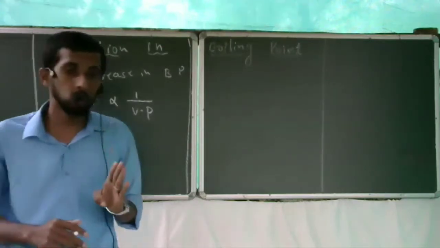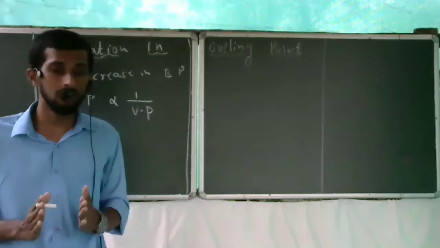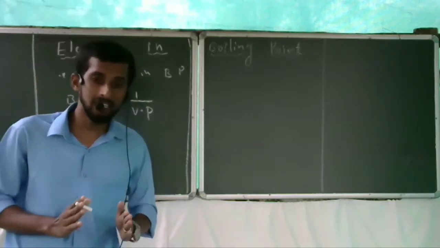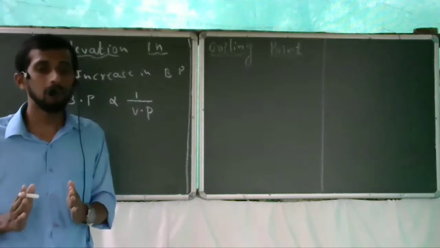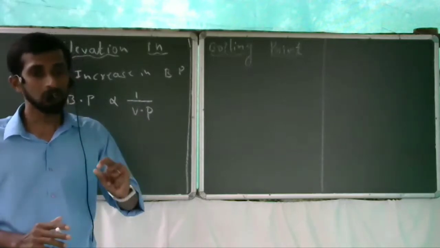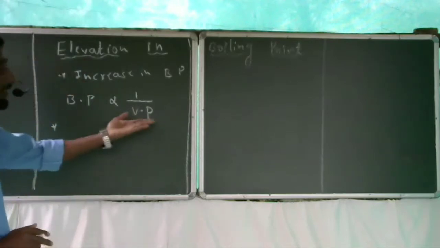We have four colligative properties, and in all four we have one common term: if you add a non-volatile solid to a volatile solvent, vapor pressure decreases. That decrease in vapor pressure will decide the other properties.